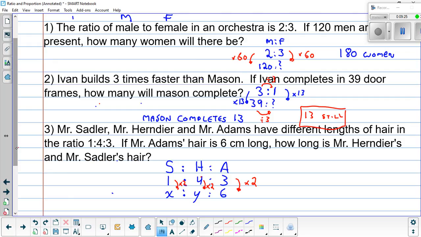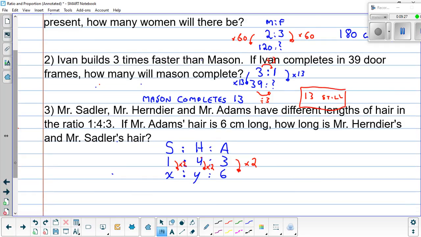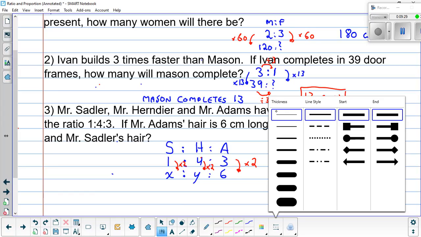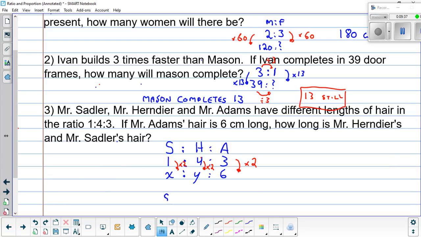So in the end, I actually didn't need to really label them X and Y. Sometimes it can help if you have to take them out of the problem and you don't know where they might go back in. But here, 1 times 2, so Sadler's hair equals 2 centimeters.